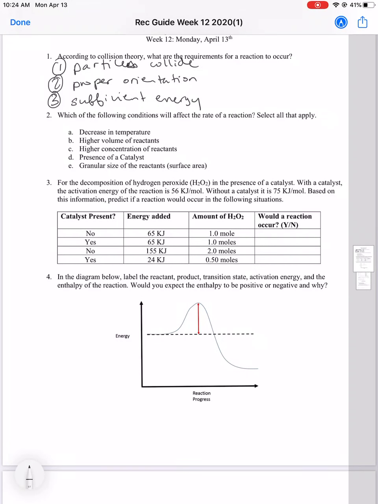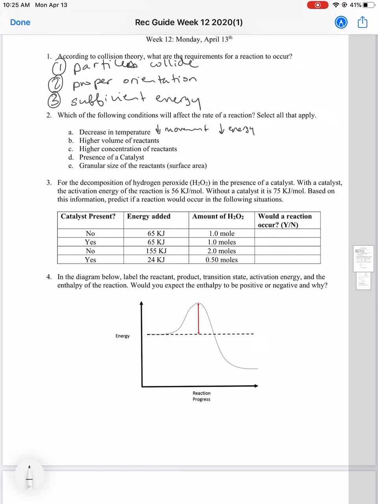Which of the following conditions will affect the rate of reaction? Select all that apply. If you have a decrease in temperature, you're going to have a decrease in the movement of the particles, which means fewer collisions. You're also going to have a decrease in the energy of the particles.